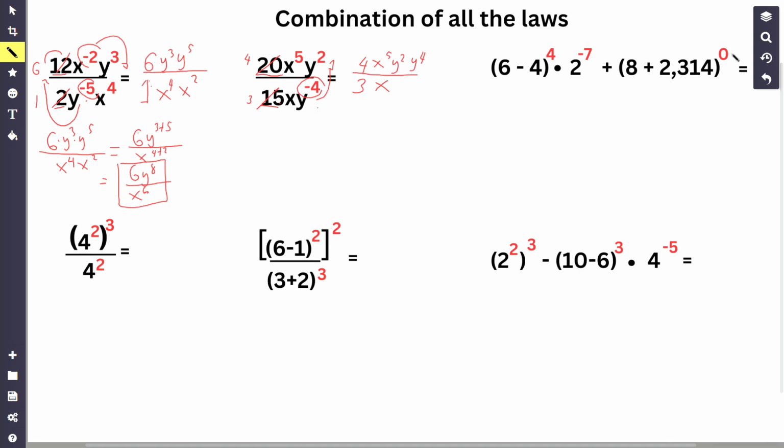Continue. Now, you can see here that we have x raised to 5 in the numerator, and only x in the denominator. So in this one, we can apply what we call the quotient rule. Okay, and in quotient rule, what do we do?